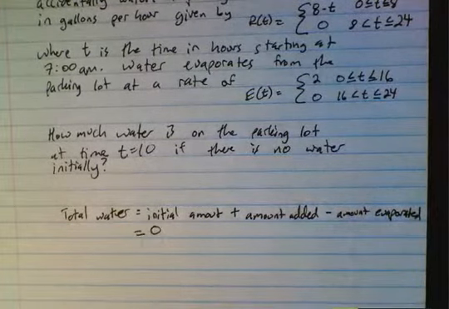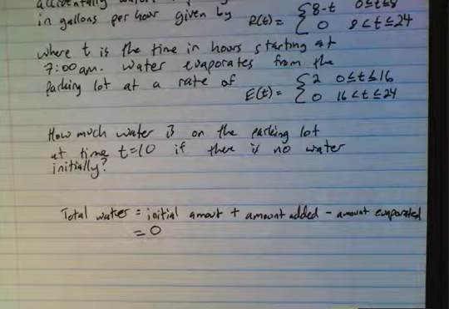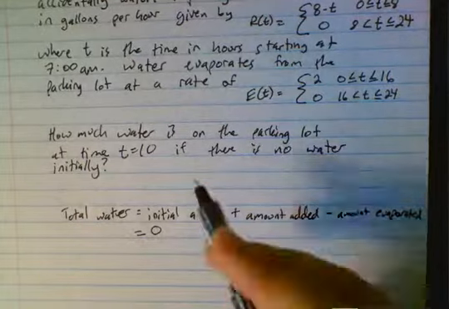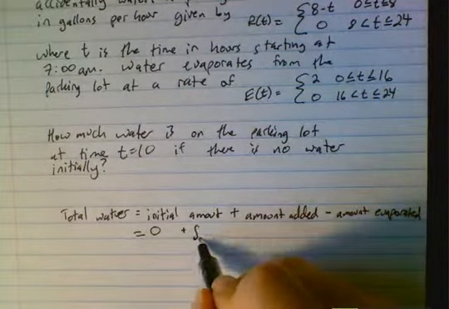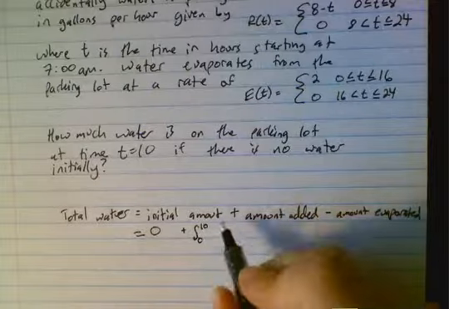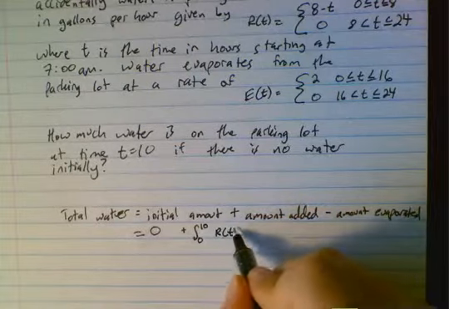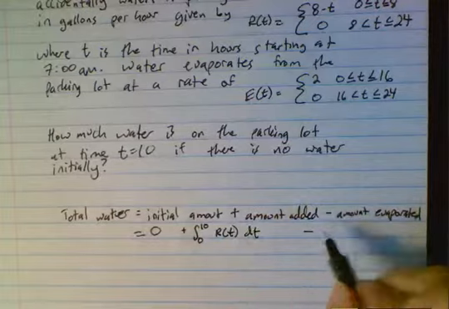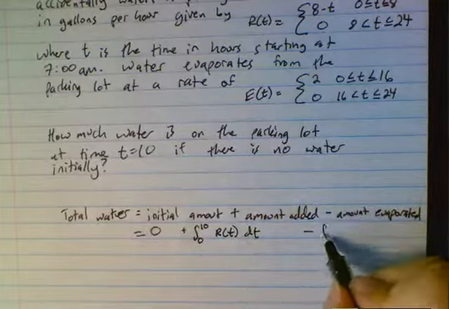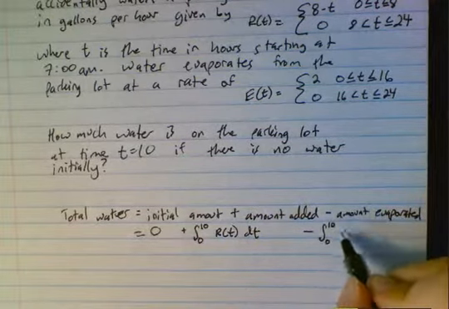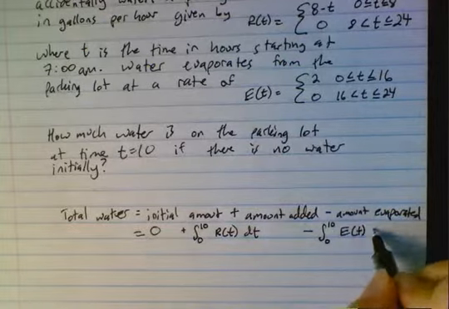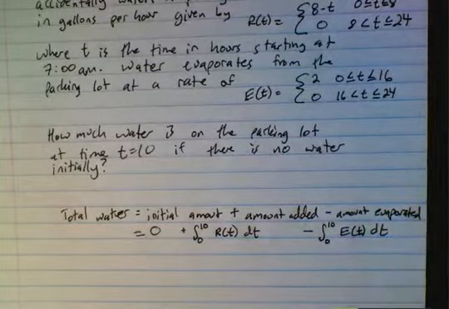We're told that there's no water there initially, but we do have water that's being added. So from 0 to 10, we're going to be taking the integral of r of t dt, that's our amount added. Then we're subtracting the amount that evaporates, so that's the integral from 0 to 10 of e of t dt.